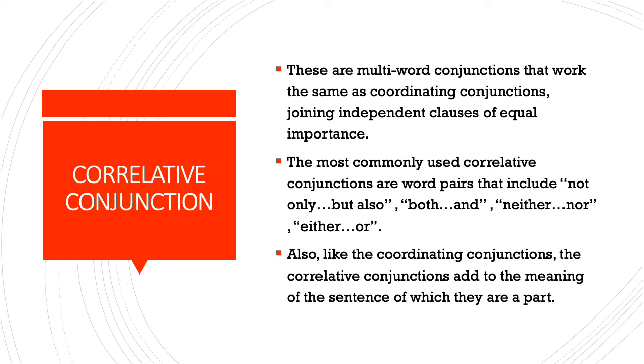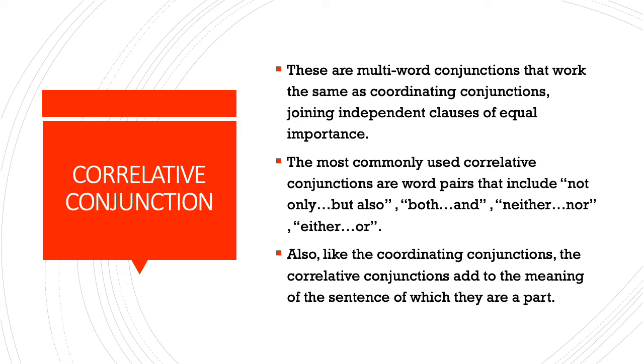Okay, so just like coordinating conjunctions, correlative conjunctions also join independent clauses of equal importance, but they are bigger in the sense that coordinating conjunctions are single worded, correlative conjunctions are multi-word.